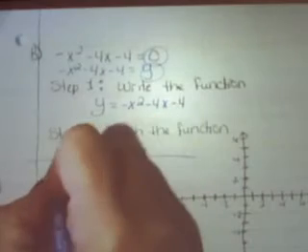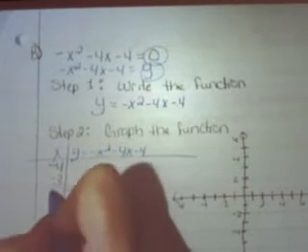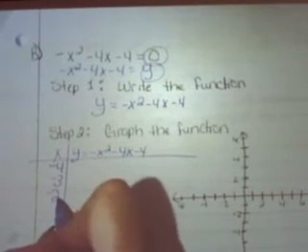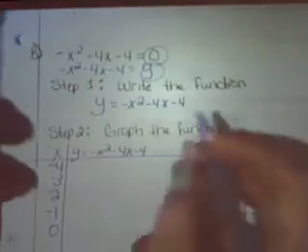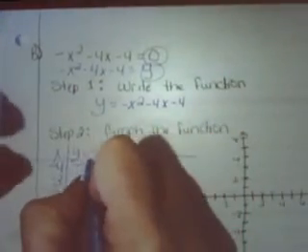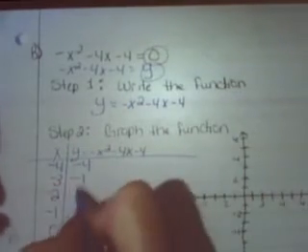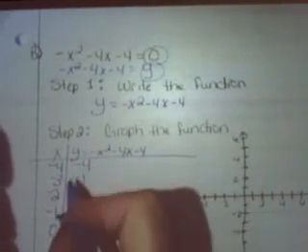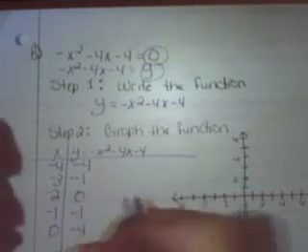I'm going to say when x is -4, -3, -2, -1, and 0. When x is -4, y is -4; -3, -1; -2, 0; -1, -1; 0, -4.